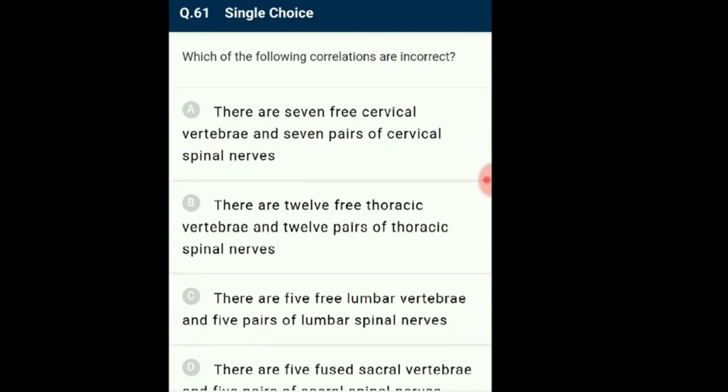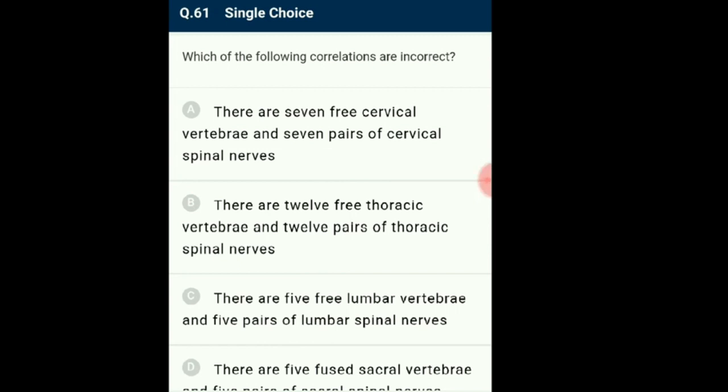Question number 61. Which of the following correlations are incorrect? In the vertebral column, there are 7 free cervical vertebrae, 12 free thoracic vertebrae, 5 free lumbar vertebrae, 5 sacral vertebrae which are fused to form one bone called the sacrum, and 4 coccygeal vertebrae which are fused to form one bone called the coccyx.